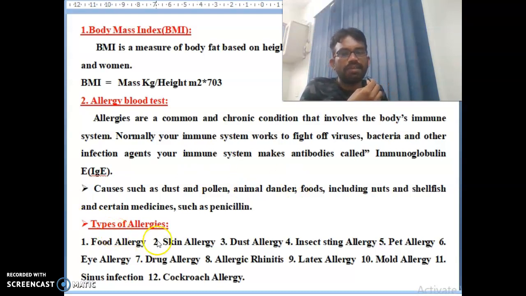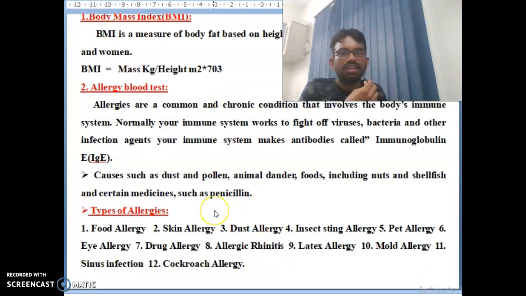What are the types of allergies? Food allergy, skin allergy, dust allergy, insect allergy, pet allergy, eye allergy, drug allergy, allergic rhinitis, latex allergy, mold allergy, sneeze infection, cockroach allergy. These are the types of allergies.